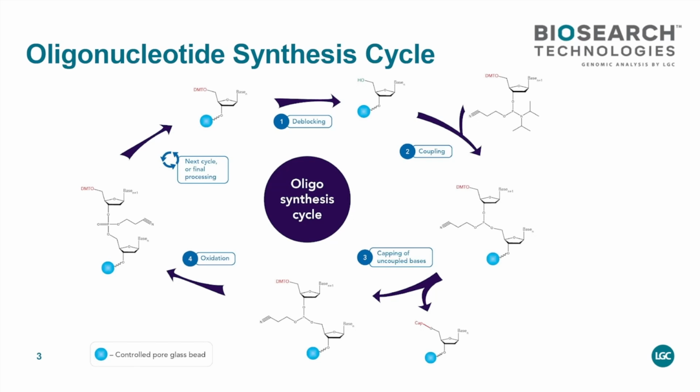The next step will be the oxidation or sulfurization, depending on what you're trying to achieve. The reason why we do that: if you can see, there's a phosphate here with only 3 bonds. Phosphate is a penta, so 3 bonds is unstable. What we want to do is stabilize it and make the phosphate connect to 5 bonds.